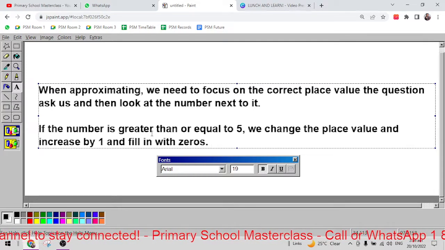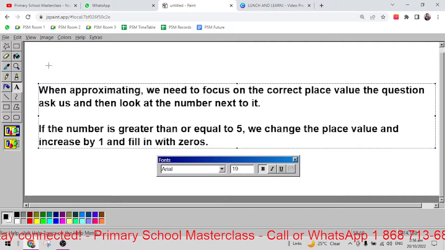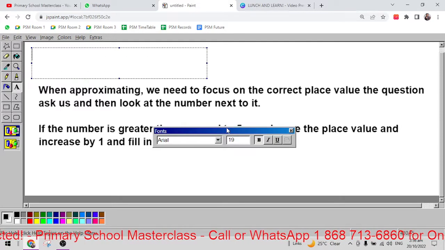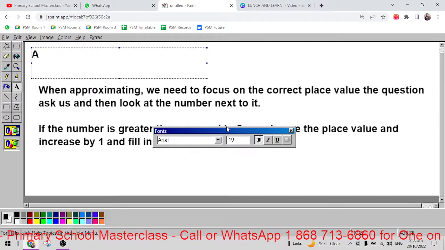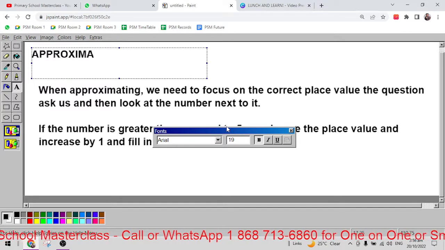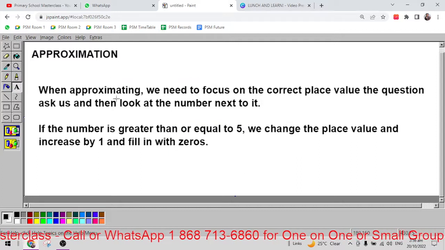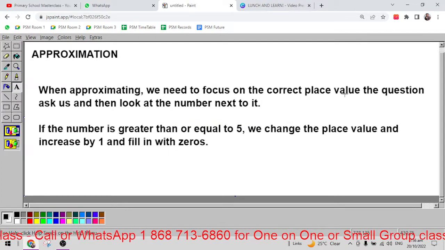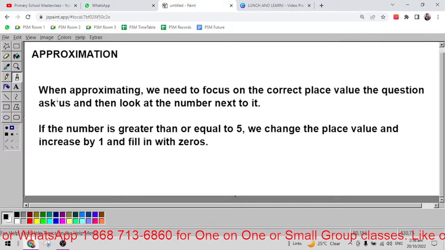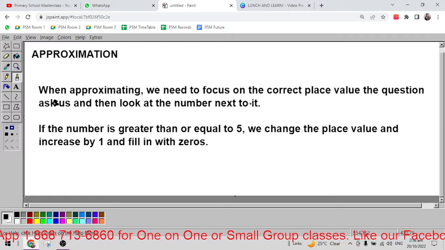Moving forward now. So, I'll read that again. This is for approximation. When approximating, we need to focus on the correct place value the question asks us, and then look at the number next to it.